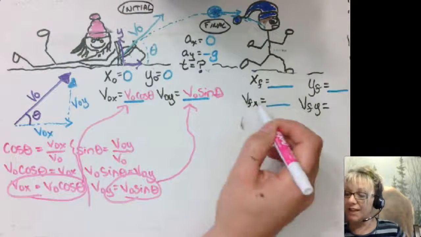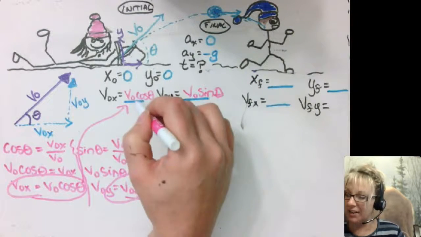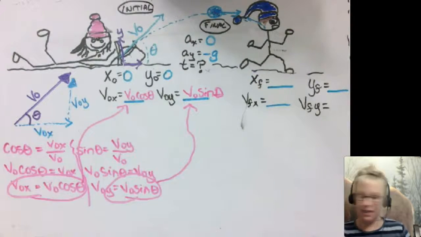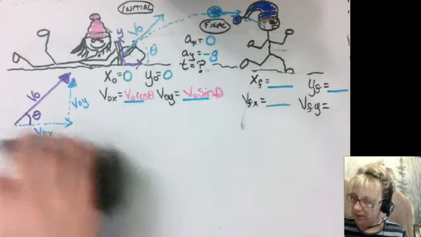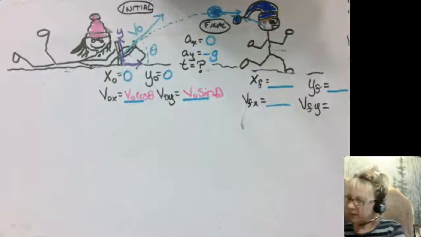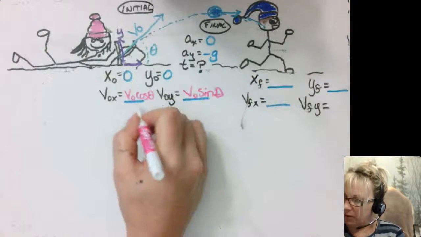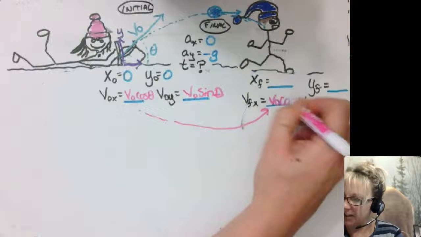The final velocity in the x direction, because we have zero acceleration, is going to be exactly the same as the initial velocity. So we're just going to get rid of this here because we've already taken care of that, and I'm going to take this and put it over here because it's exactly the same thing.